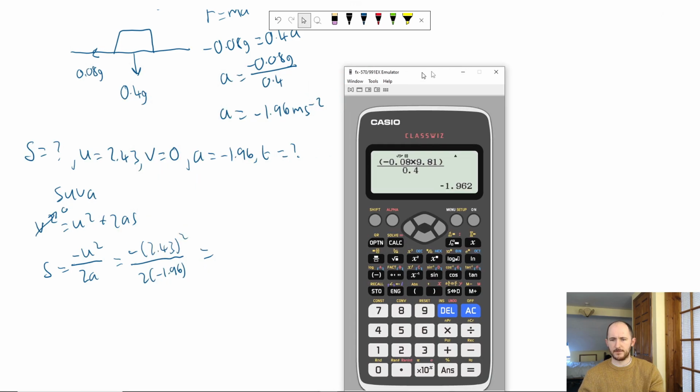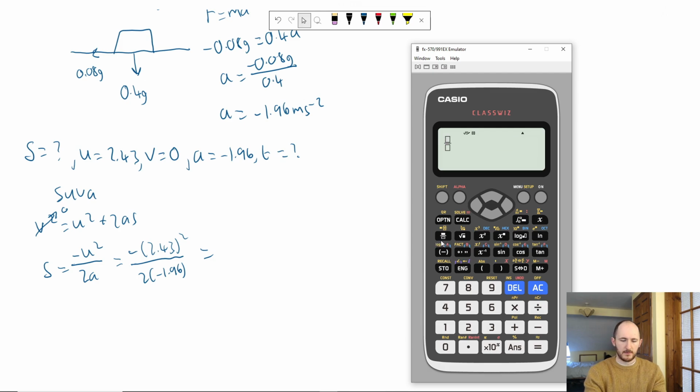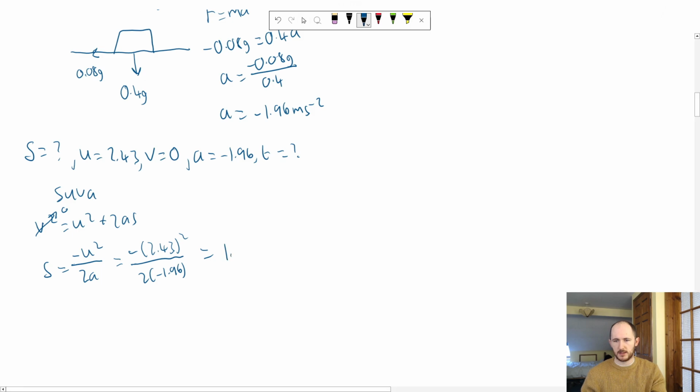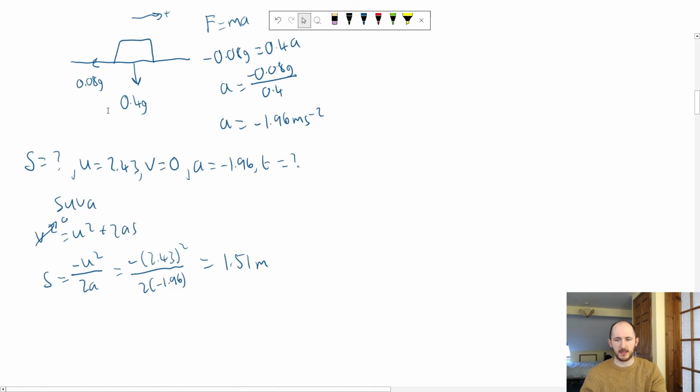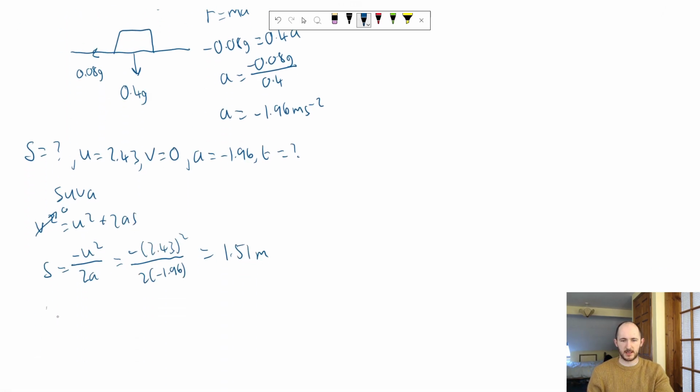That gives me 1.51 meters. So again, it travels 0.5 meters by itself, and then it slides for another 1.51 meters. So the total is 0.5 plus 1.51, which is of course 2.01 meters to 3SF.